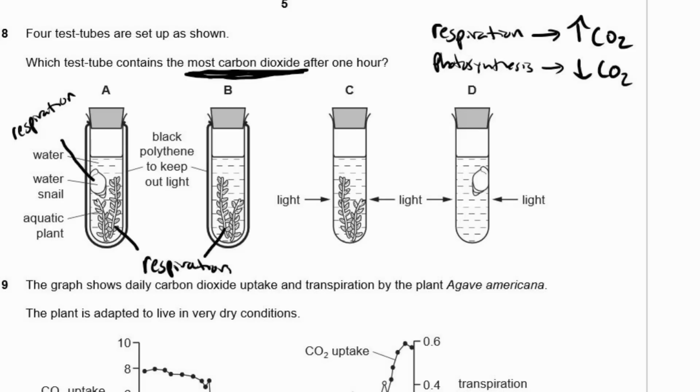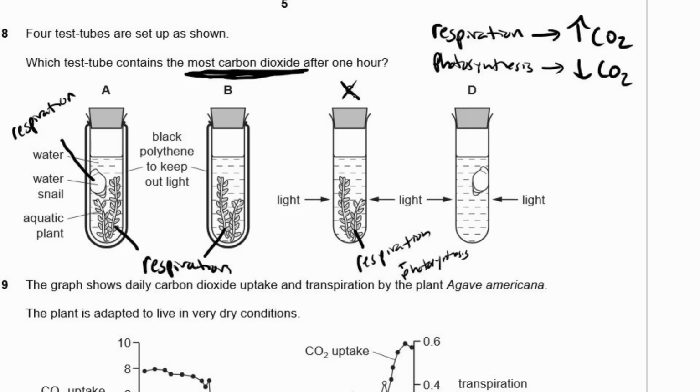Okay? So this one just has the plant in, but with no cover. That means it's doing respiration and photosynthesis. But photosynthesis is going to be faster than respiration, so the carbon dioxide would drop.